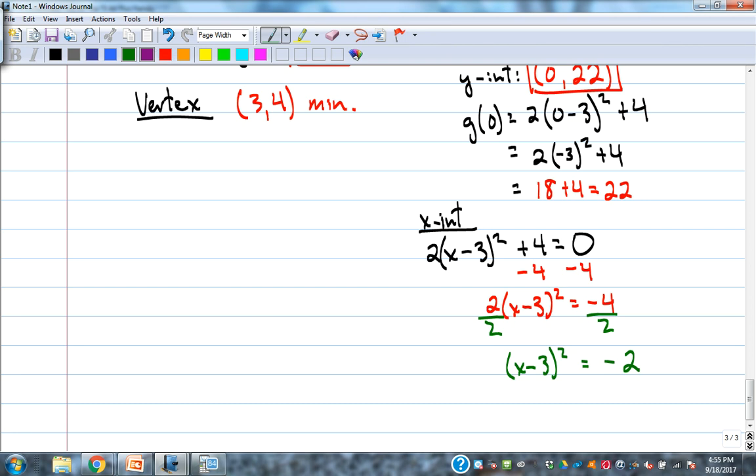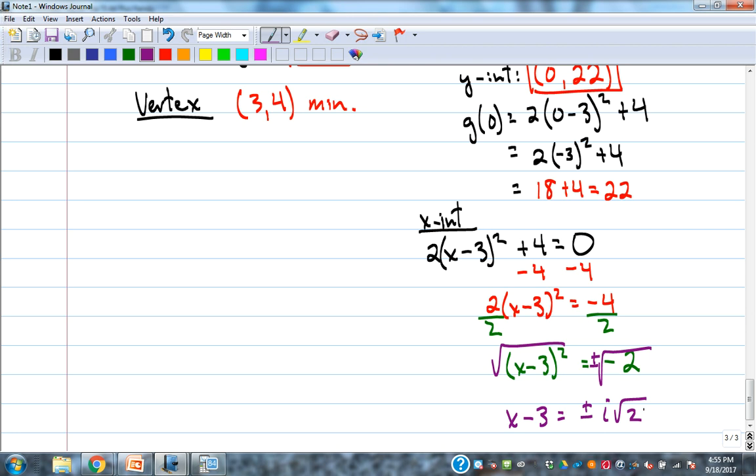Once I get the squared part by itself, I can take the square root of both sides. And that gets rid of the squared and leaves you x minus 3 is equal to plus or minus i radical 2.